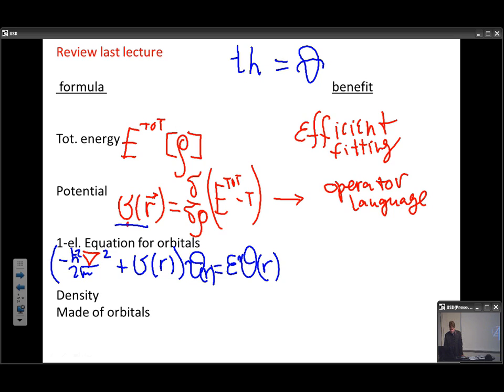So this is a very simple, very affordable eigenstate equation for one electron orbitals. It is quick, simple to solve. One electron eigenstate equation.